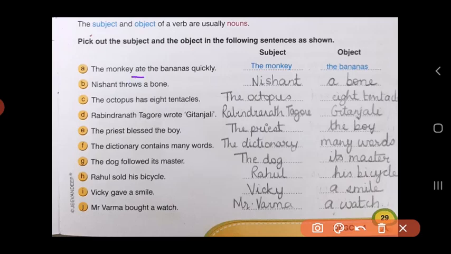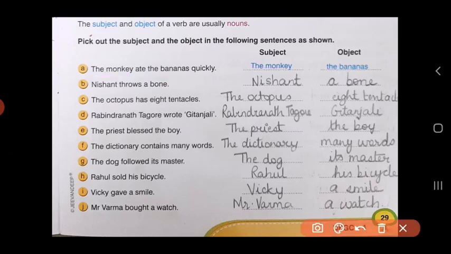Ate. So if I ask the question, who ate? The answer will be the monkey. So the monkey becomes the subject. And if I ask the question after the verb, ate what? The bananas. So the bananas becomes the object of the verb ate.